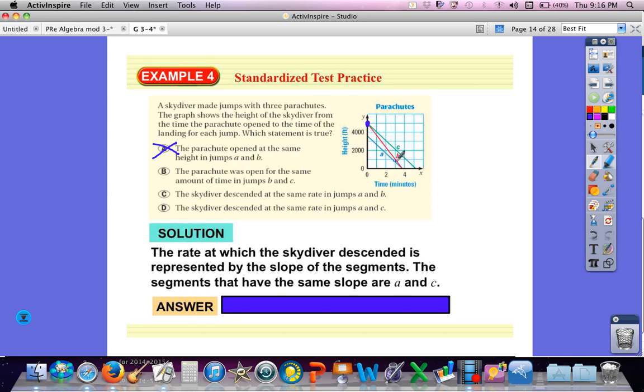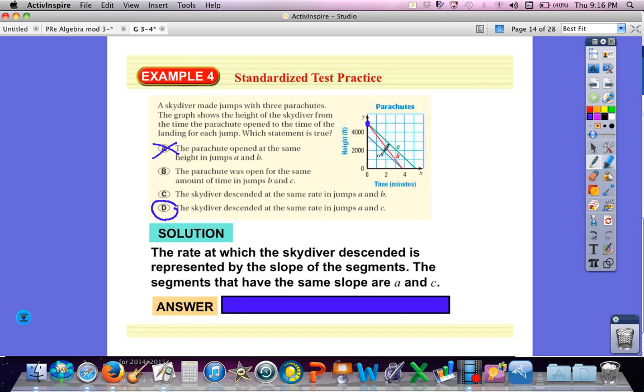Doesn't look like those lines are parallel. Looks like they intersect. The skydiver descended at the same rate in jumps A and C. I could take the time to check it. It's a little difficult to check because I don't really have any good points here. So I'm going to say that A and C are parallel.